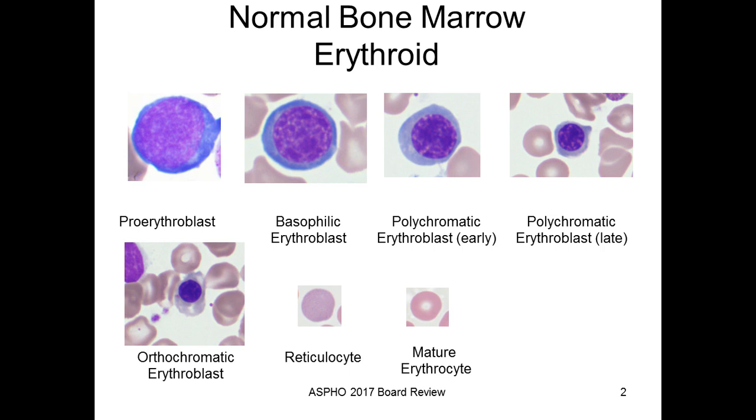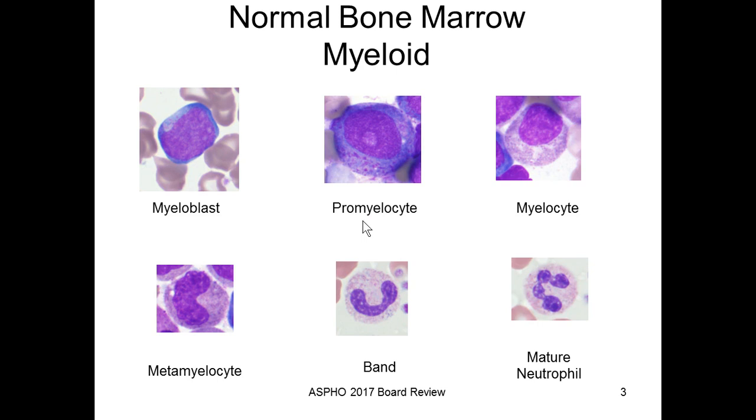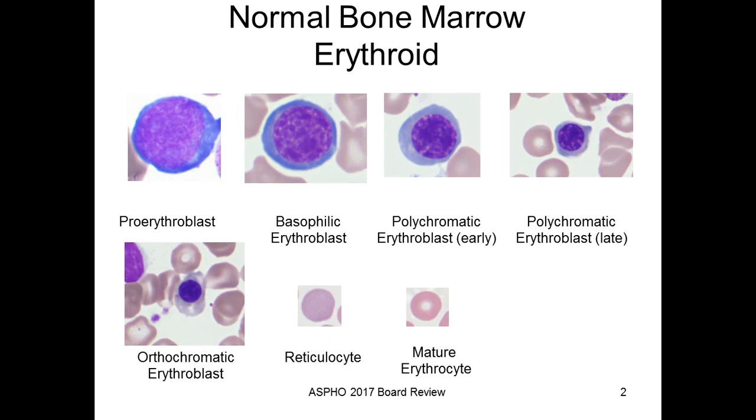And so the erythroid precursors have a characteristic maturation sequence such that as we progress to the basophilic erythroblast stage, you start to see the nucleus become more condensed. It stays round, and the cytoplasm stays deeply basophilic. As we move over to the polychromatic erythroblast, the cells are shrinking in size, and the nucleus continues to condense.